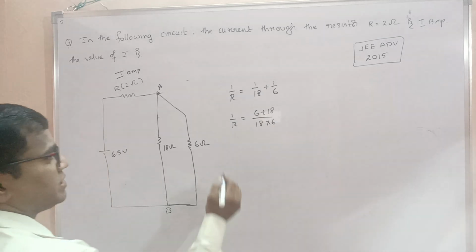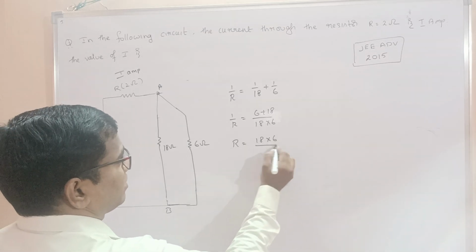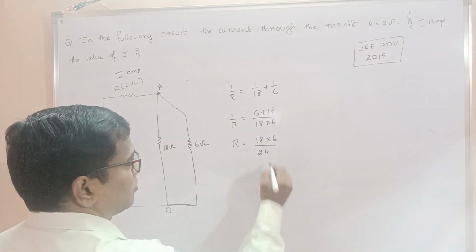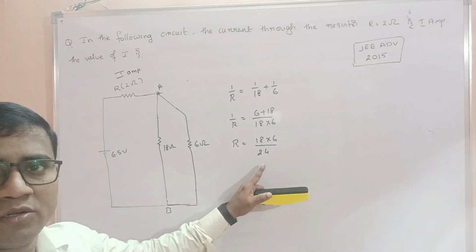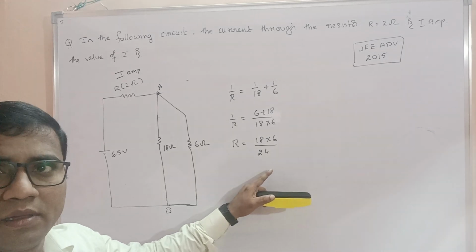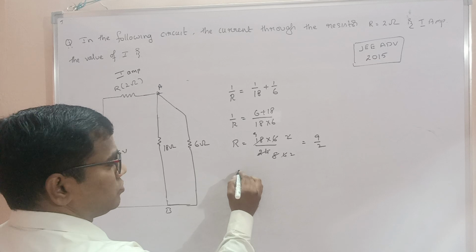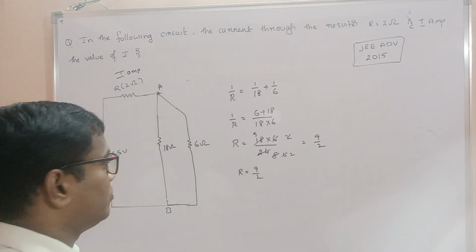So 1 by R is equal to 6 plus 18, which means 24, by 18 into 6. You can calculate, you will get the answer. Just try to find. We will get R is equal to 9 by 2.